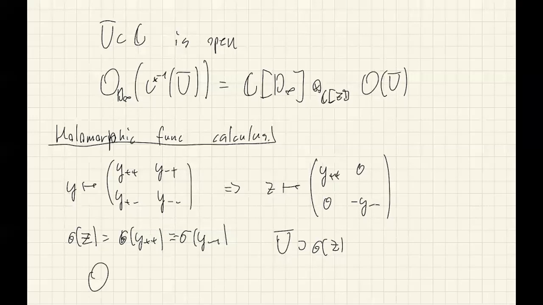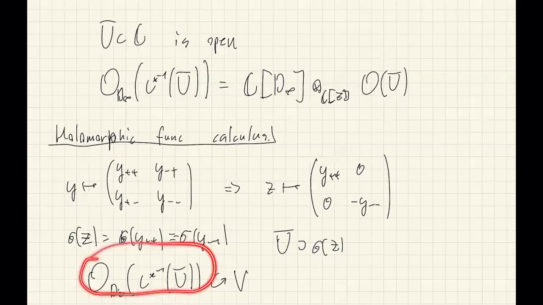Then this algebra acts on our Banach space V, and how it is easy. So an element of this algebra is an element of a tensor product.